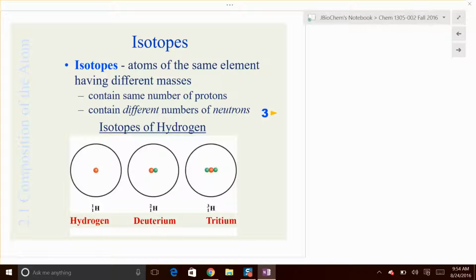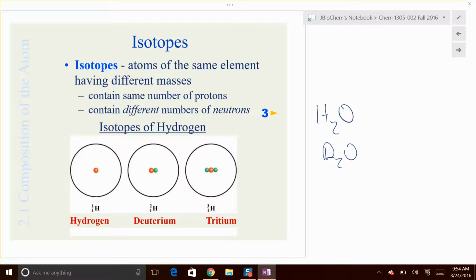So we call this deuterium and this tritium. H2O, that's water. D2O is called heavy water because it's heavy. The hydrogens of deuterium are heavier than the hydrogen itself without any neutrons. And we would say that's D2O, heavy water, which is radioactive.